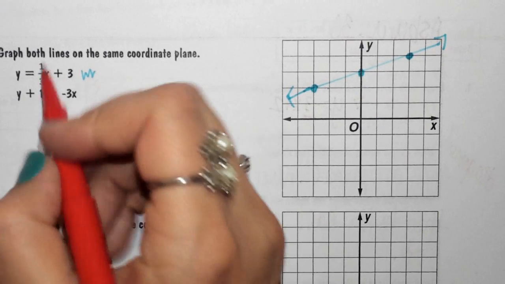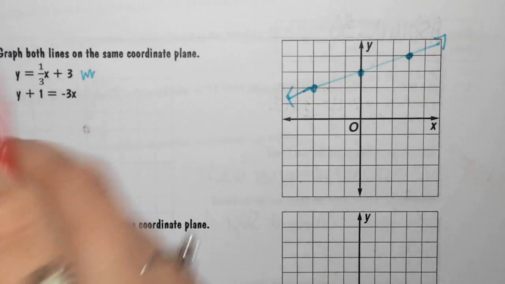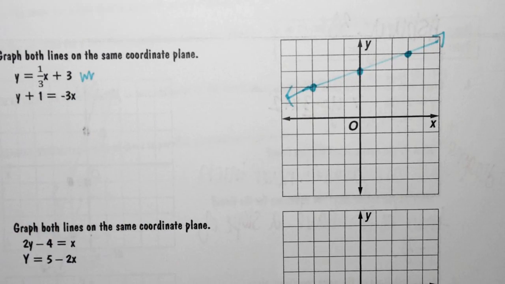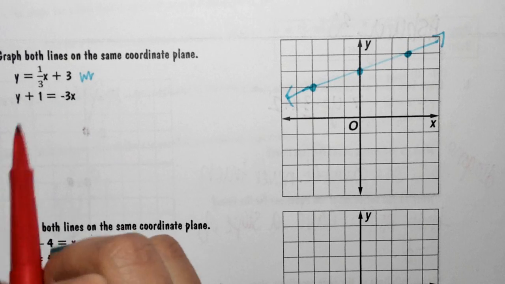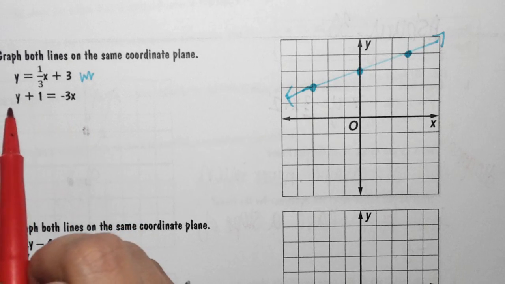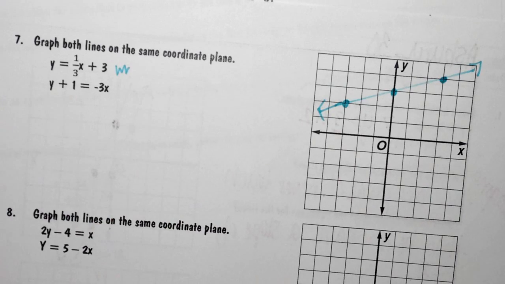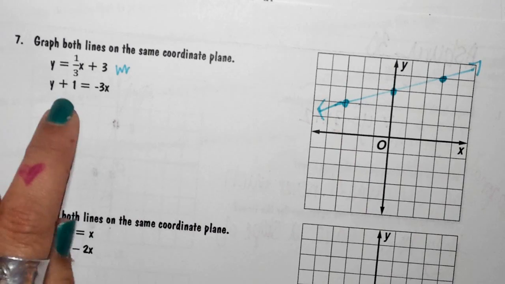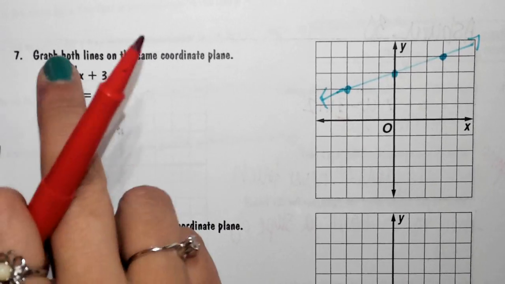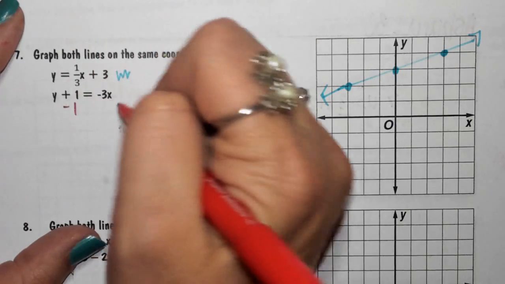Alright, now, this guy right here is y by itself on the second one. Yes. Right here is y by itself. Alright. So we need to subtract 1 from both sides.